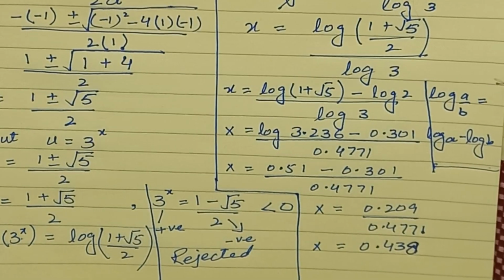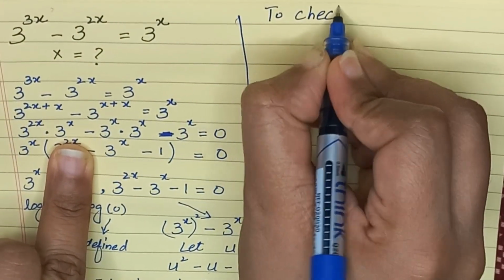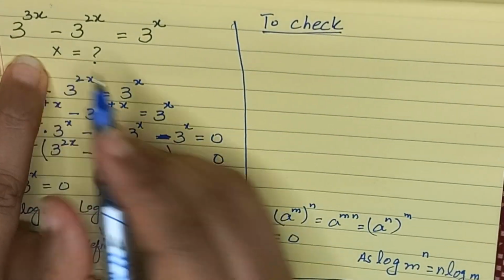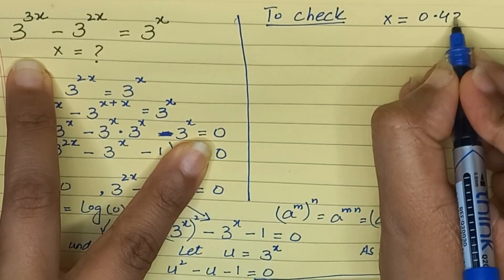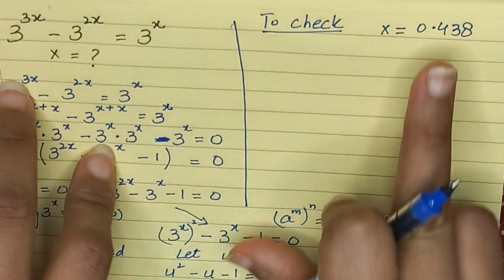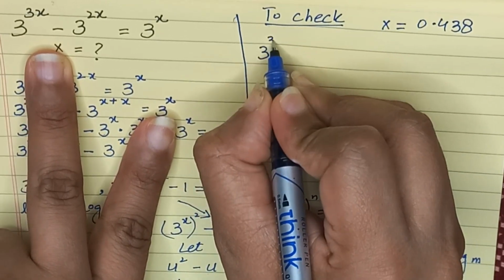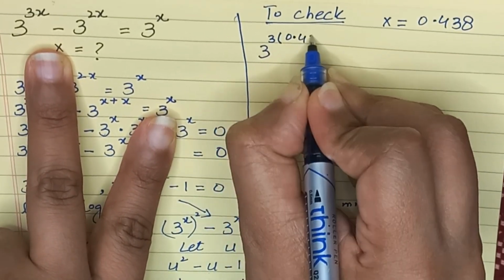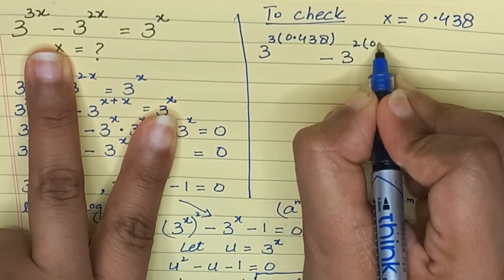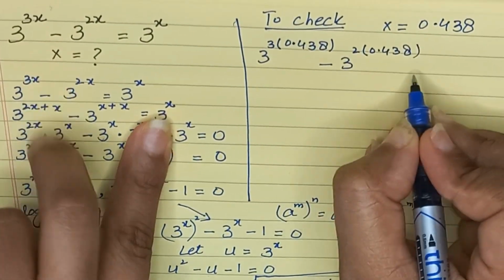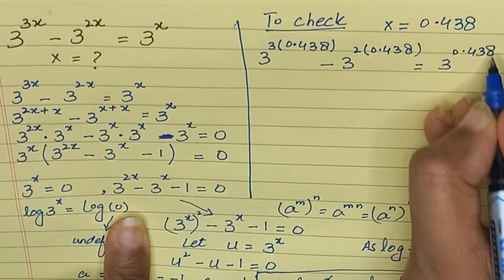So dividing them, x is equal to 0.438. To check the value of x in this equation, now put x equal to 0.438 in this equation. It will become 3 raised to the power 3 into 0.438 minus 3 raised to the power 2 into 0.438, which is equal to 3 raised to the power 0.438.